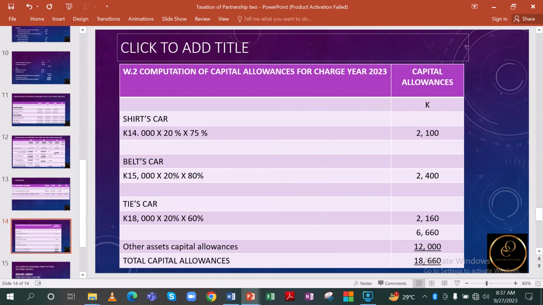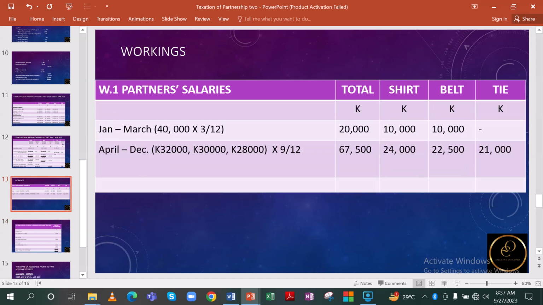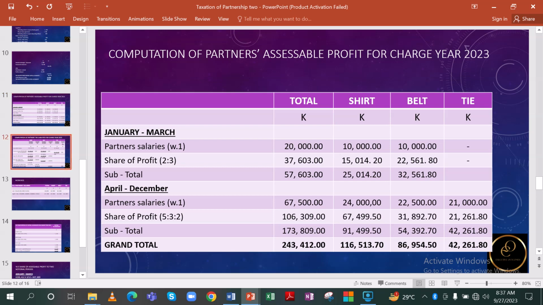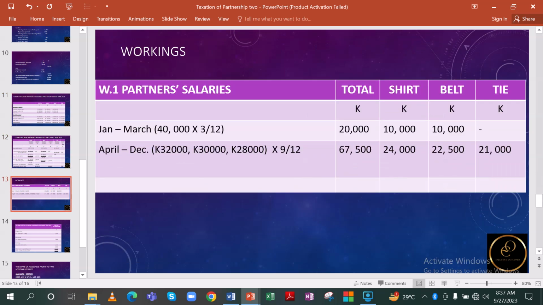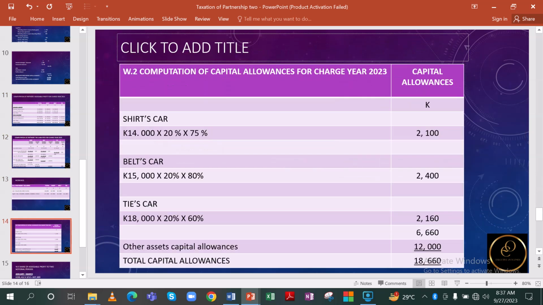Here we are, computation of capital allowances for charge year 2023. Not capital allowances, but I'm looking at figures for... Did I do that? Okay, yes, I did. Those are the capital allowances.